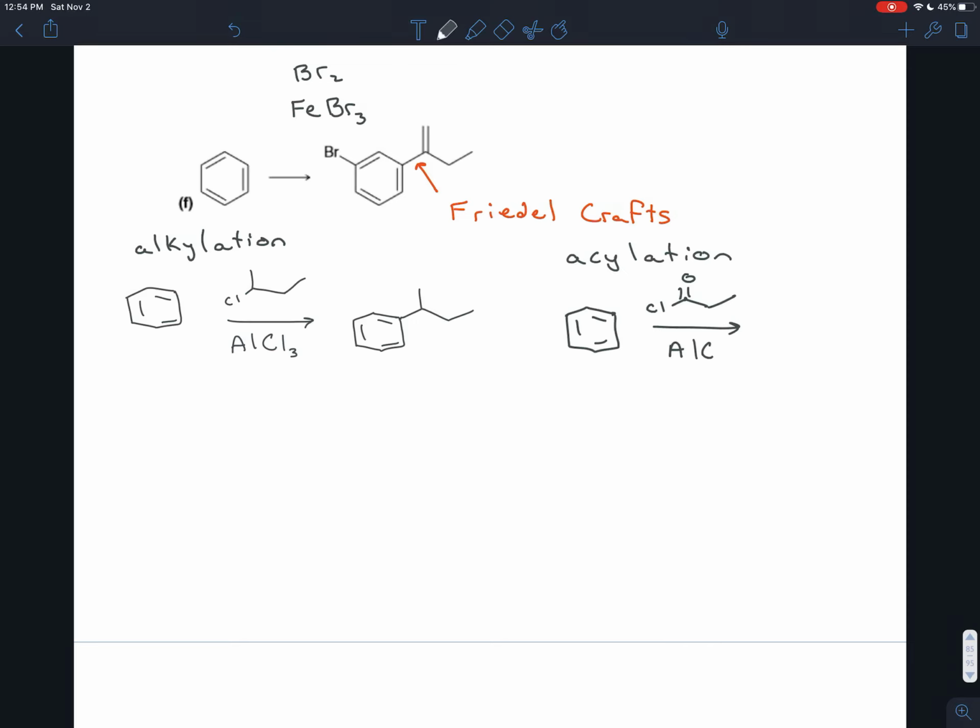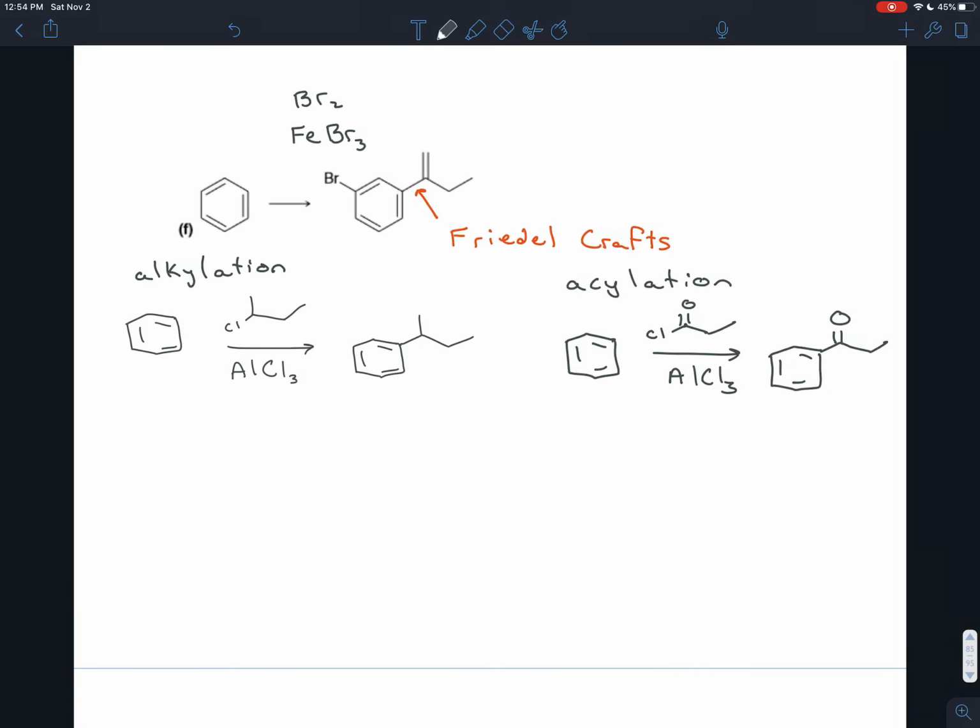And you still need the metal catalyst to get that to work. So that adds this acyl group onto that ring. Now technically, both of these can be turned into this branch. It happens to be a little easier, or rather faster, in the case of the acylation than the alkylation.